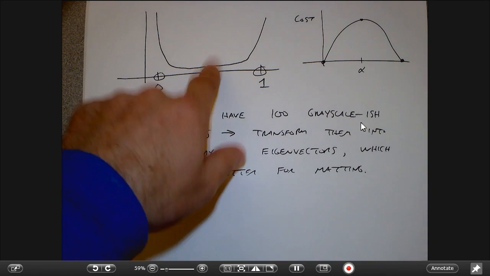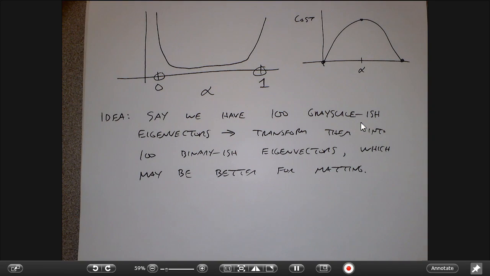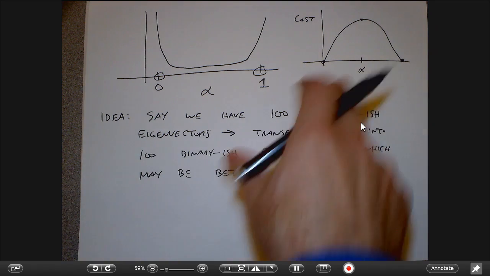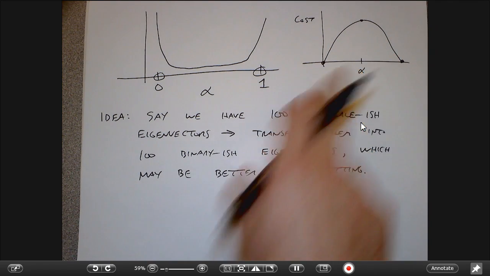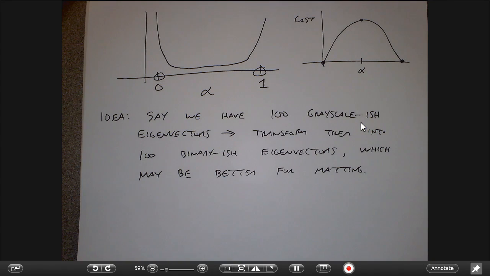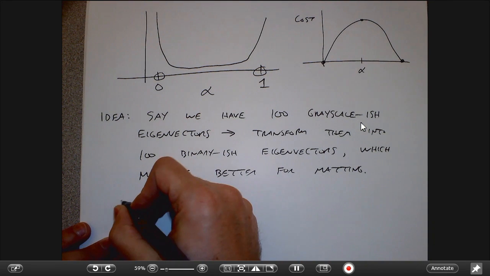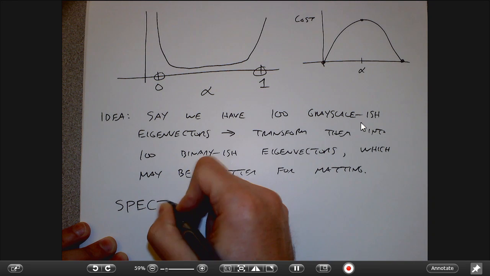So it's like taking this picture and inverting it, so that fractional alphas have high cost. Then I can minimize the sum of the alphas in these transform mats to have as low cost as possible. This is an idea they called spectral matting.